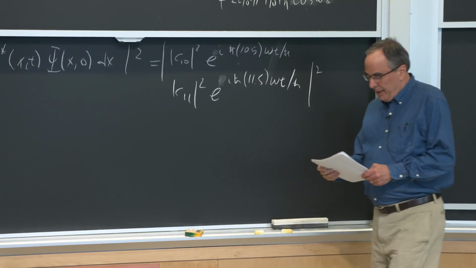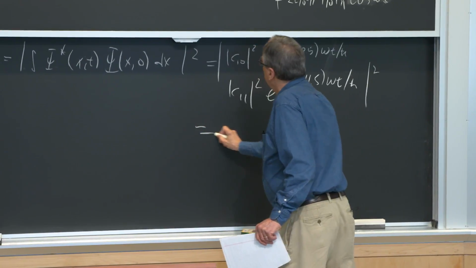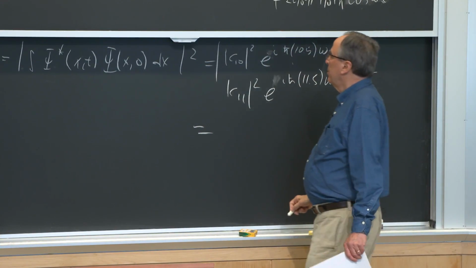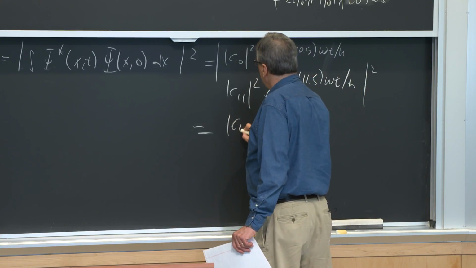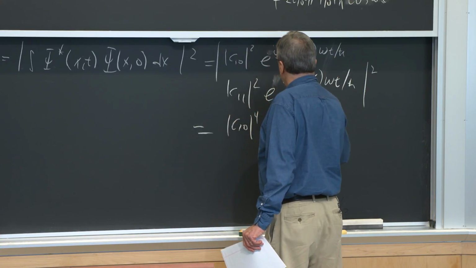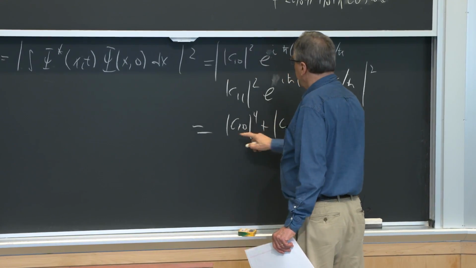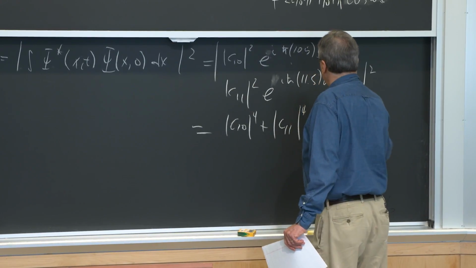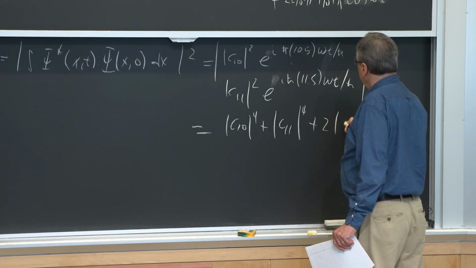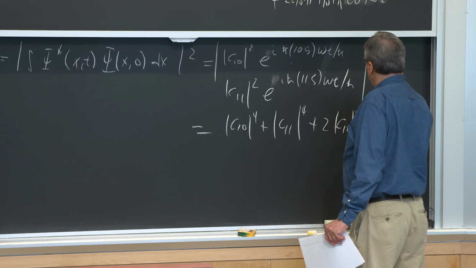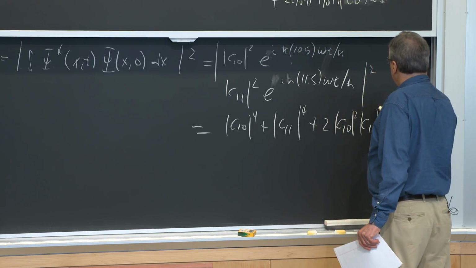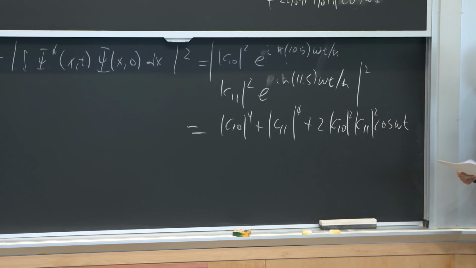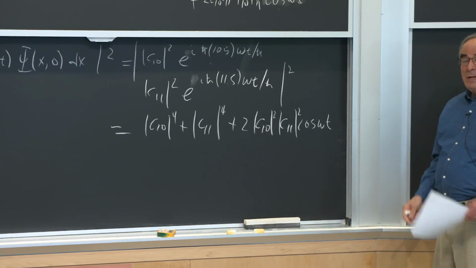And now, lo and behold, we know what to do with this too. And so we're going to get C10 to the 4th plus C11 to the 4th plus 2 C10 squared C11 squared cosine omega t. Isn't that neat?